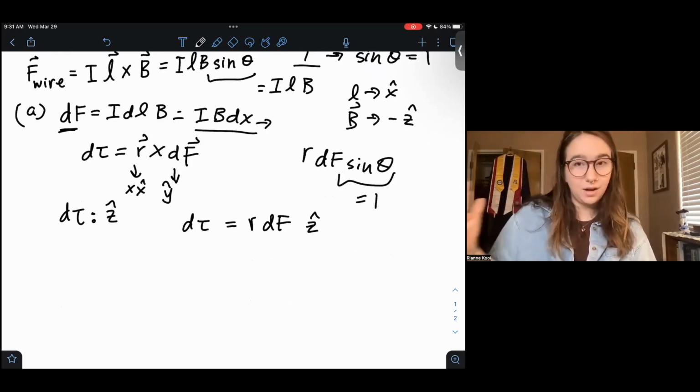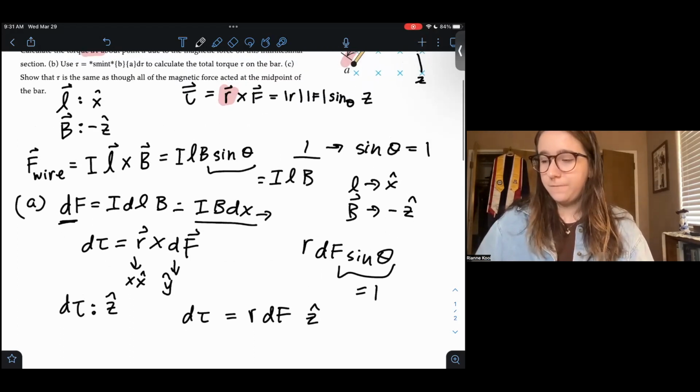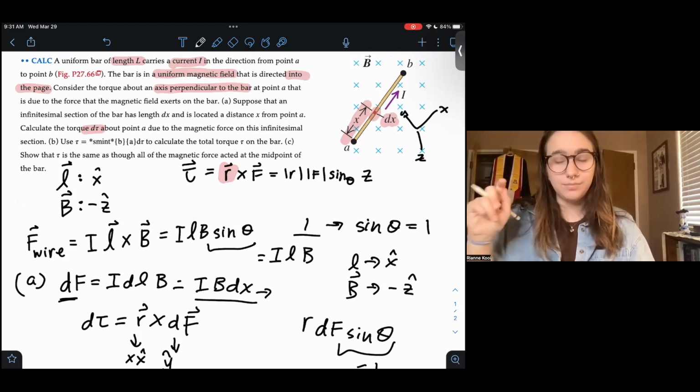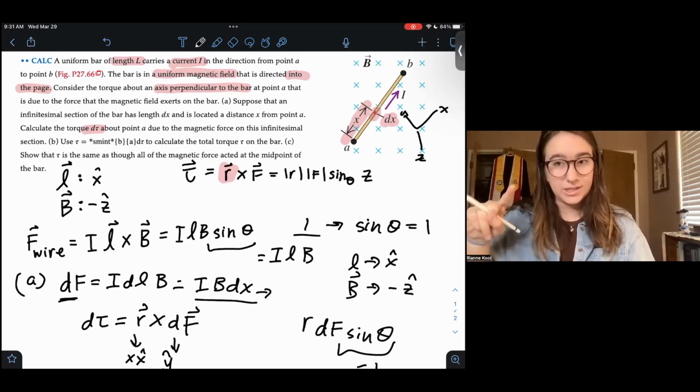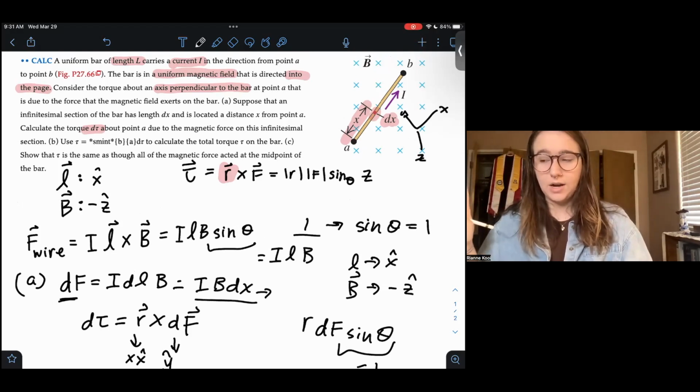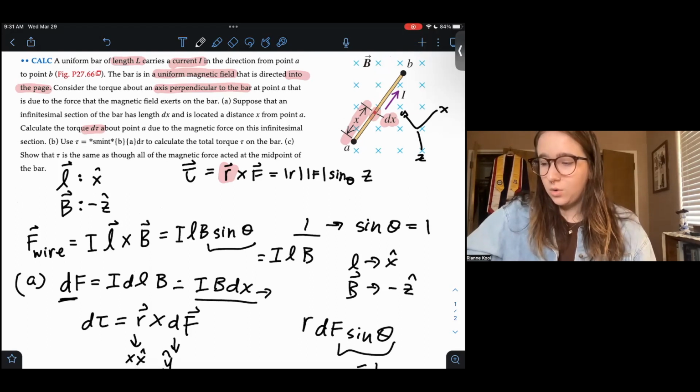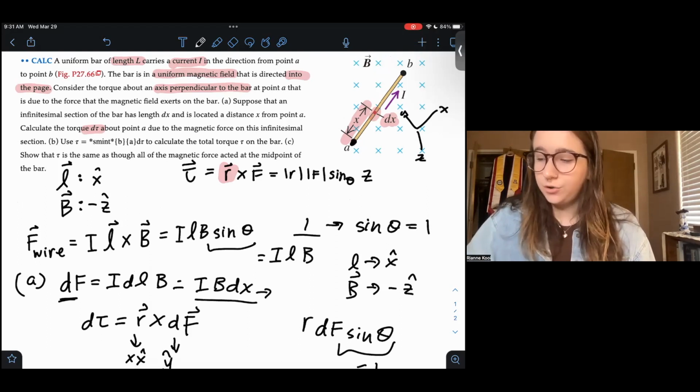Now, what is r? R is the distance between where the force is and the origin. I'm taking our origin to be at A, and we're trying to find the d tau at a part dx.